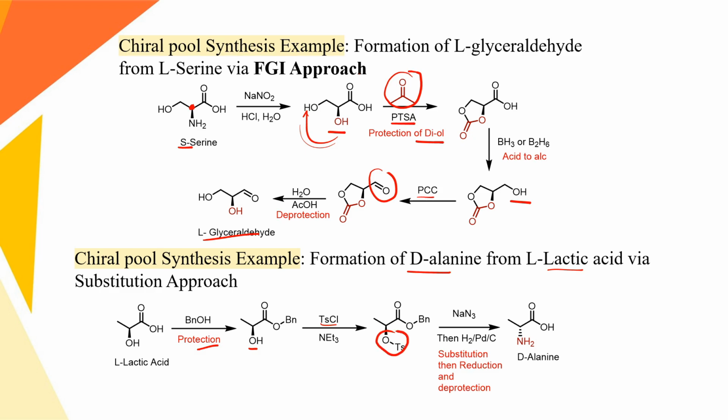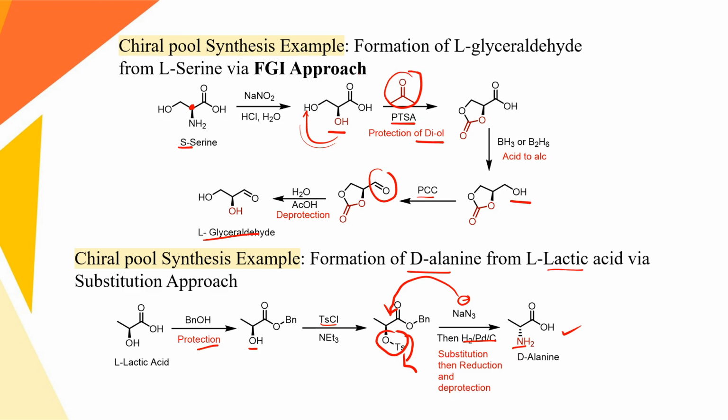It is a good leaving group, and azide attacks via a nucleophilic substitution reaction, that is the SN2 reaction. Now you can see that the stereocenter gets inverted, and after that H2, Pd/C will do the reduction as well as the deprotection to form the D-alanine part.